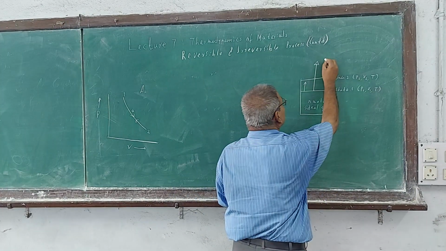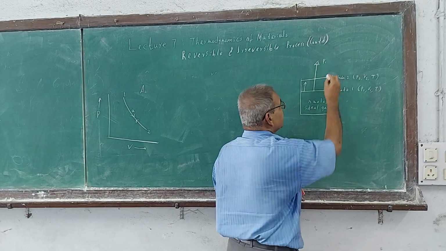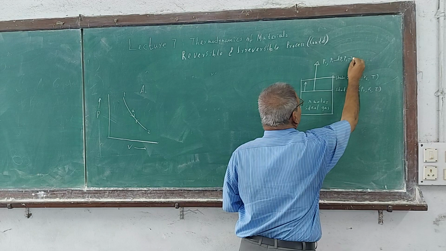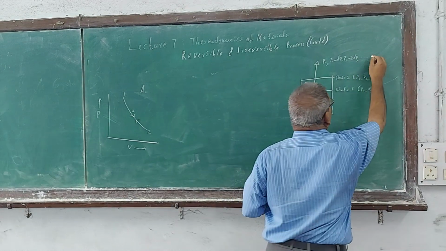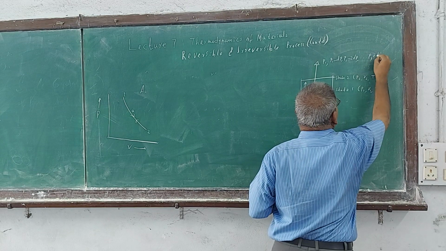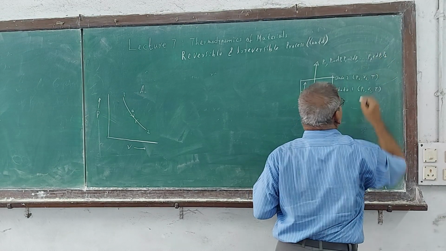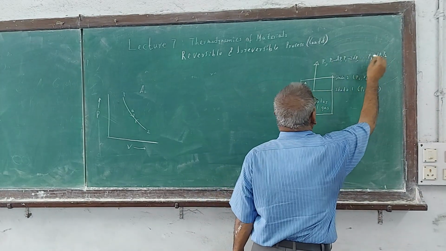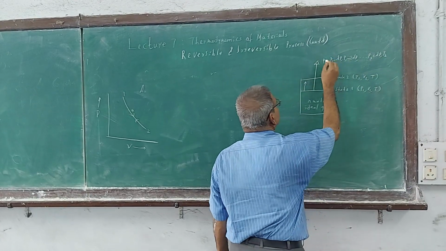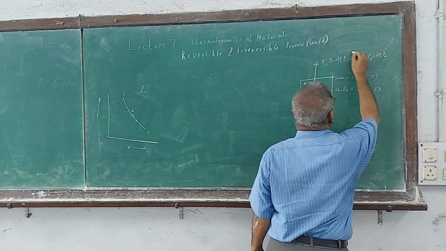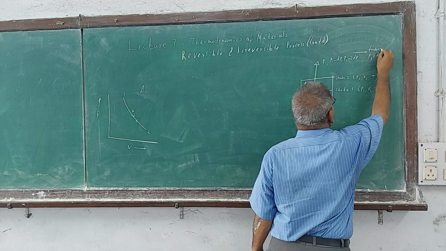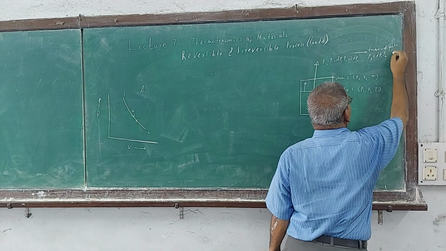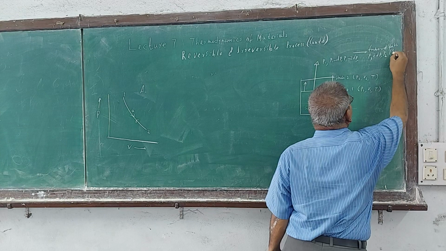The process was executed as P1, then P1 minus dP, then P1 minus 2 dP, and so on until it is P2 plus dP, then P2. So this is the forward expansion path.